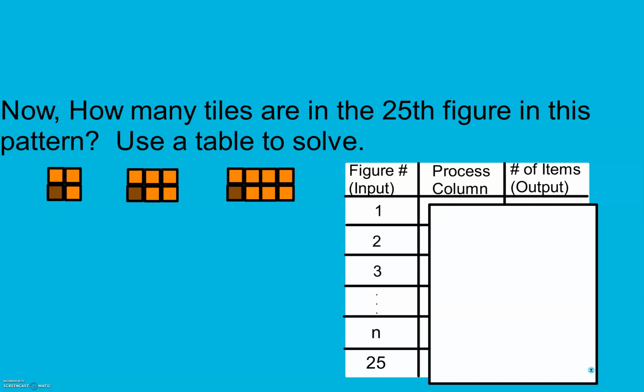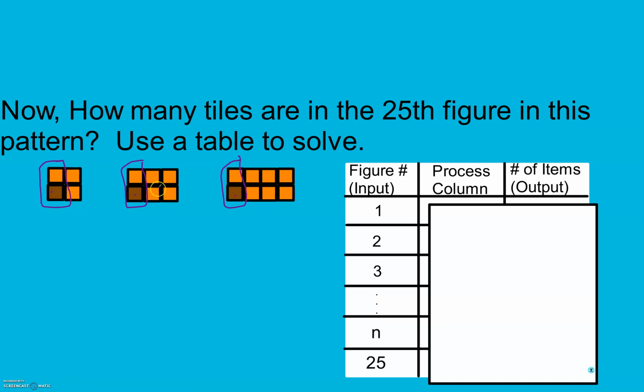So if we look here, it looks like every time it's a rectangle or a square, and every time we have exactly 1 brown. So I'm going to lump these two together as one thing, because every time we have one of those, that doesn't change.